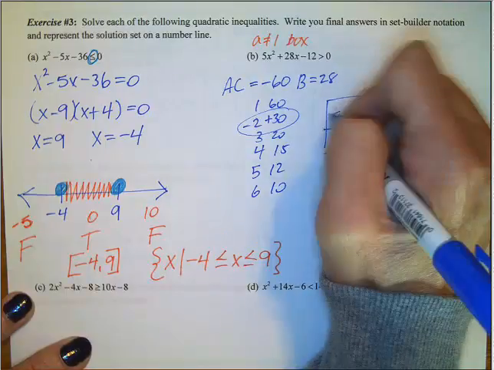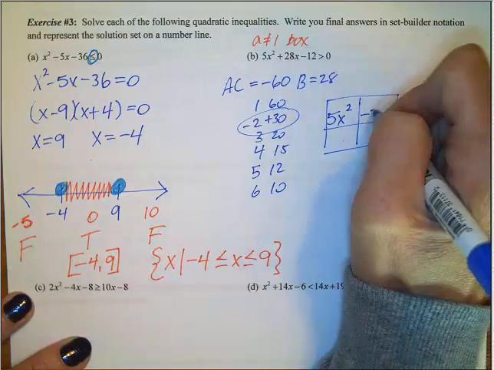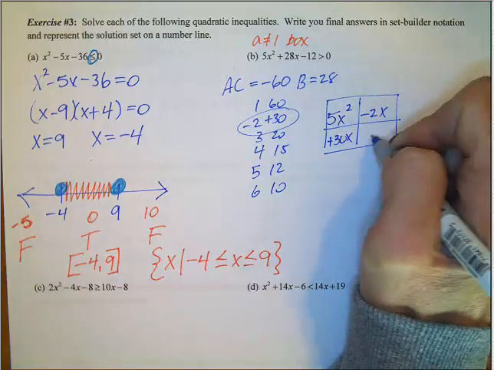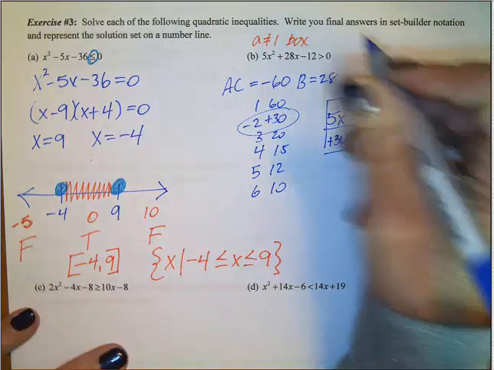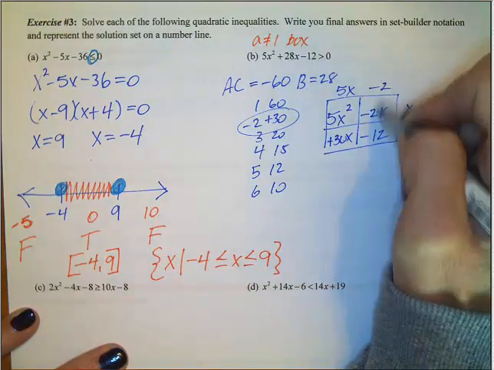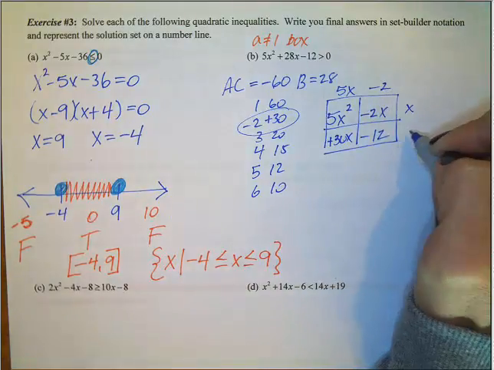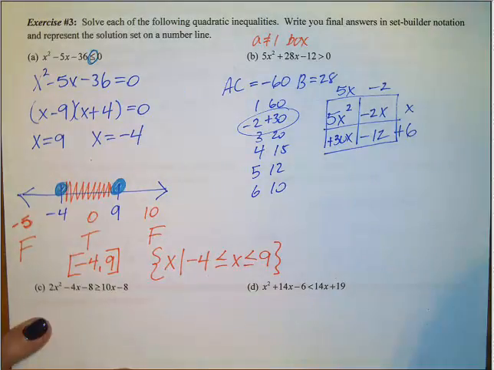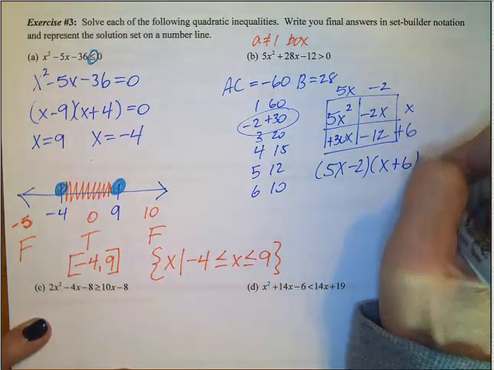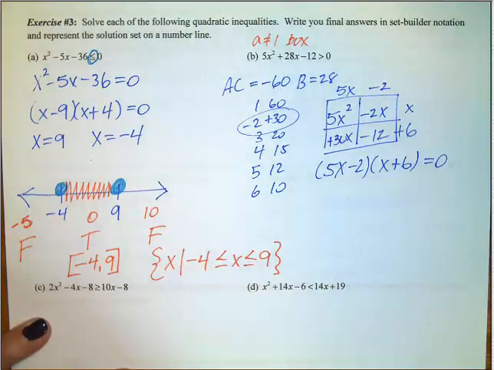So we have 5x squared, negative 2x, positive 30x, negative 12, factor, factor, factor, and factor. So we have 5x minus 2 and x plus 6 as our factors for our equation.